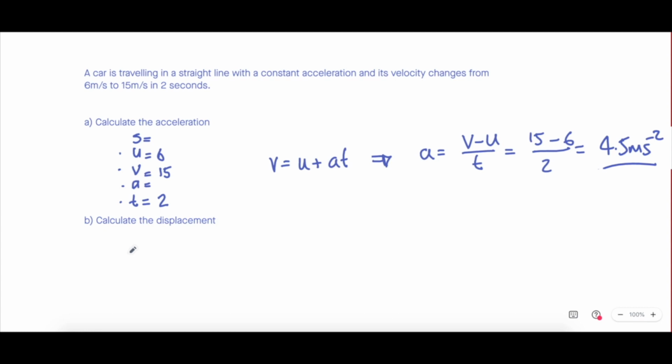Second part of that question, calculate the displacement. Again, do the same thing. So 6, 15, 2, but this time we want to work out the displacement. So we want an equation with S, U, V, and T in it.